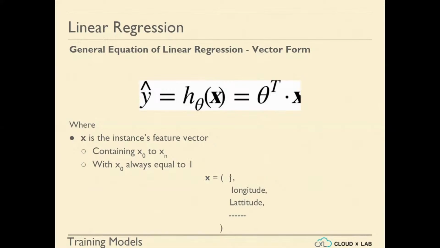When we add one more term here in the input vector, and that term is a constant 1, right? Then now we have two vectors of size n plus 1, because the size of this theta vector is also n plus 1, and the size of the input vector is also n plus 1 after adding this constant term 1, and we can easily perform the dot product between two n plus 1 size vectors, right?